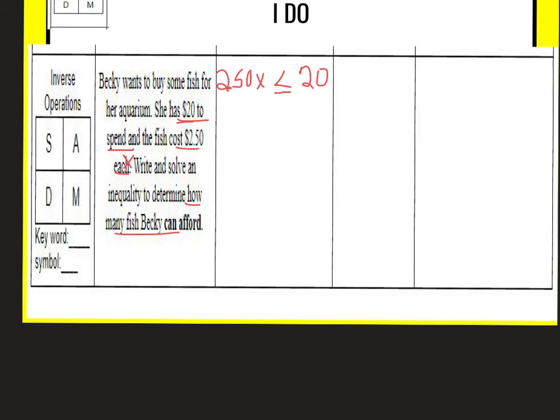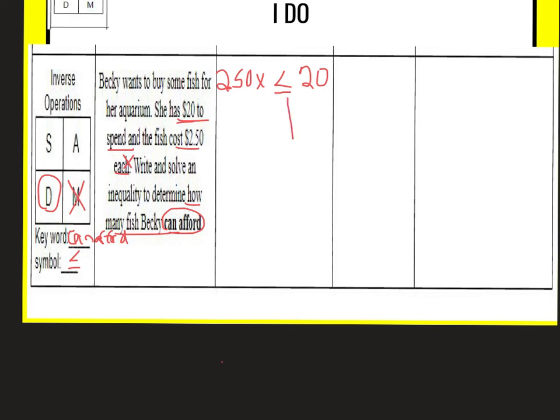So as we look at that, once again, my operation here is multiplication. I'm going to divide. My key words were, right, can afford. So I need to be able to afford this. Also, she has $20 to spend. So that lets me know that she is limited in what she can spend.